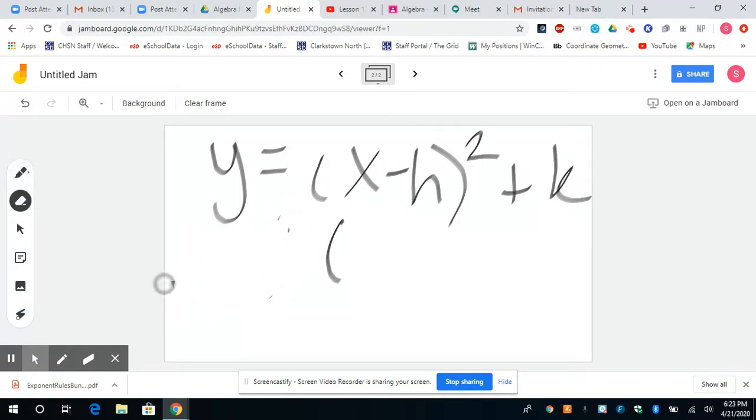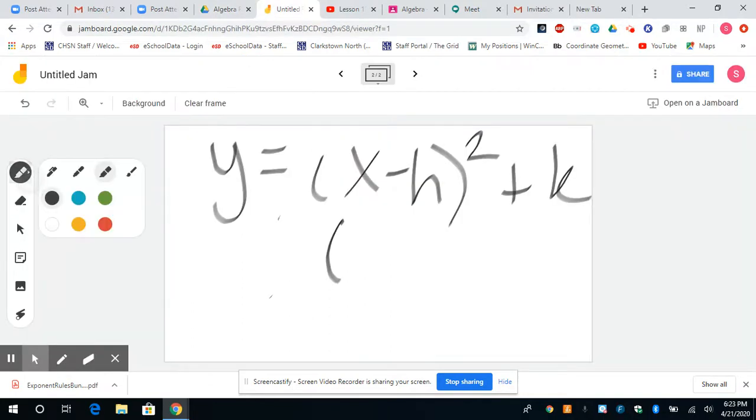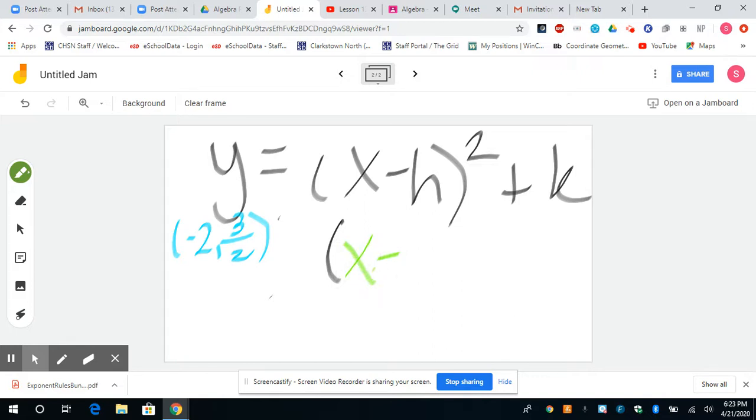If our point is negative 2, 3/2. Negative 2, 3/2. This is the point we're plugging in. So think about it. If we're plugging this in, we're going to get x minus a negative 2 squared plus 3/2.